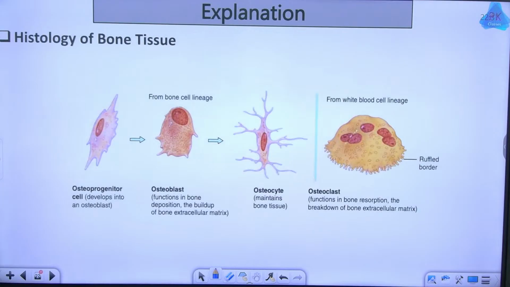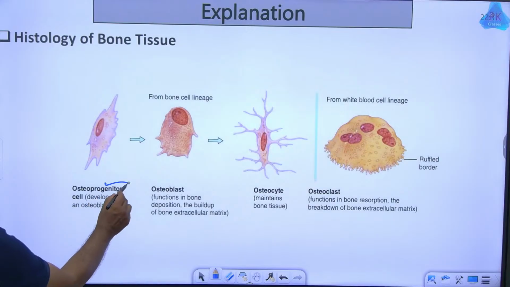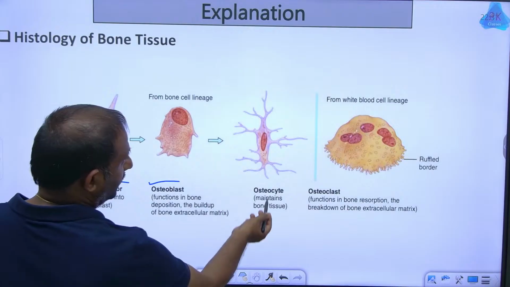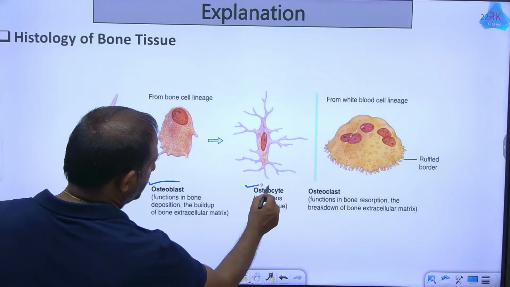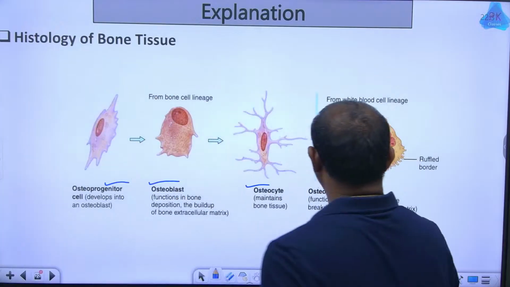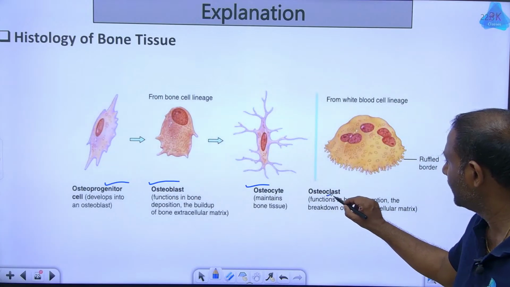The same thing here. So this osteogenic, or you can also say osteoprogenitor, then osteoblasts, which differentiate into the osteocyte. There will be another type of cells that we call the osteoclasts. Okay.